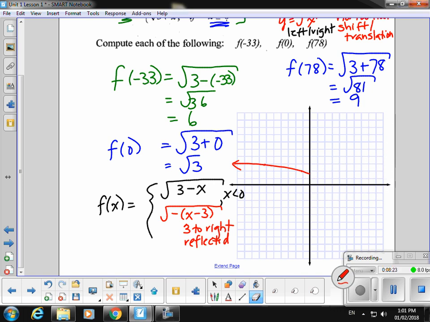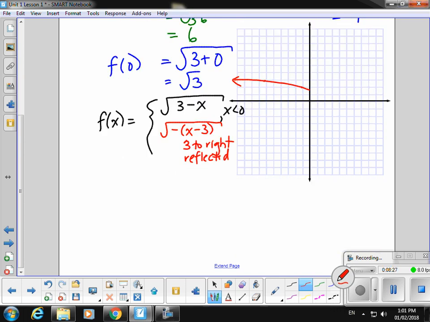The other part of that piecewise function is the square root of 3 plus x when x is greater than or equal to 0. That is the square root function as well, and that is 3 to the left. Things are backwards when they're horizontal shifts.